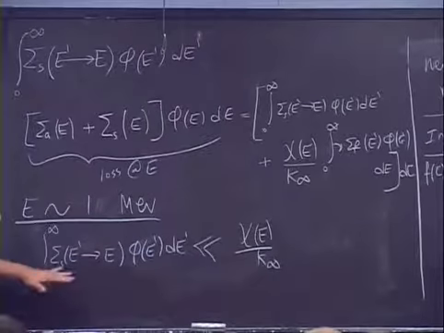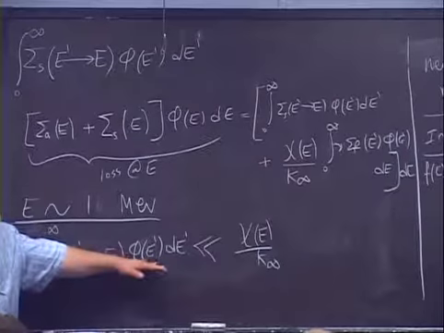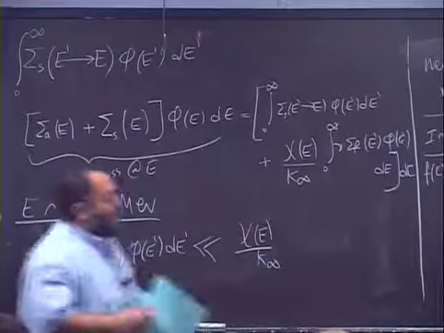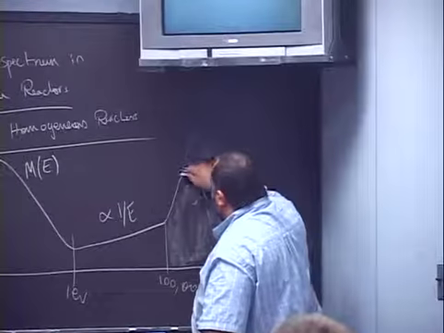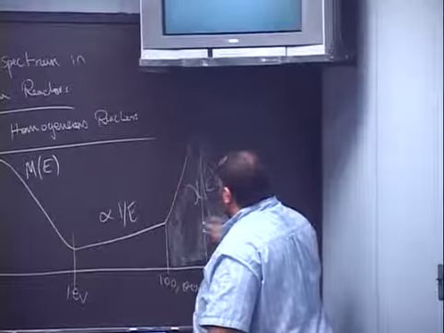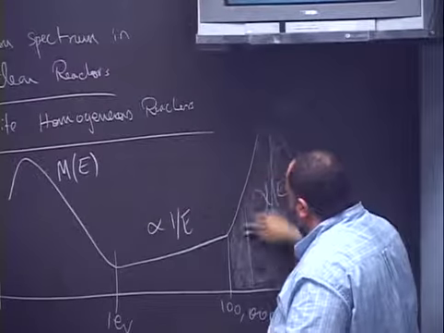Why? This is the downscattering term. If you are at very high energy, 1 MeV is here, maybe because the most probable energy is 1.98. So 1 MeV will be something like here.